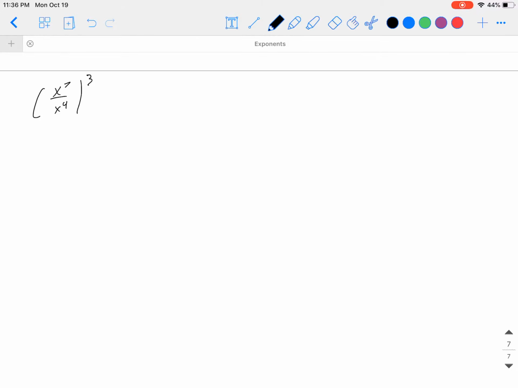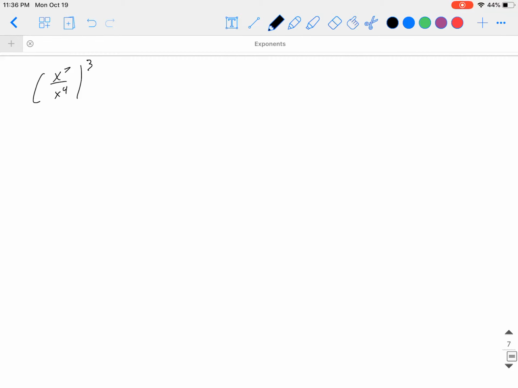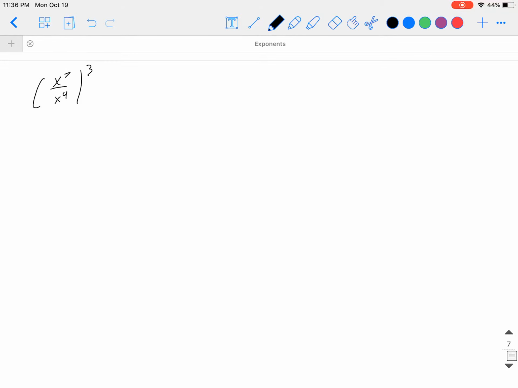Okay, now that everyone's had a moment to complete it and pause the video if needed, we will repeat the same steps as we did previously. First, we will use the quotient rule for powers, where we will take x to the 7th cubed over x to the 4th cubed. That is just because we are moving the exponent from the outside to the inside on the numerator and the denominator.